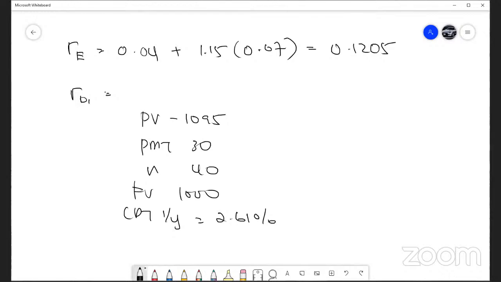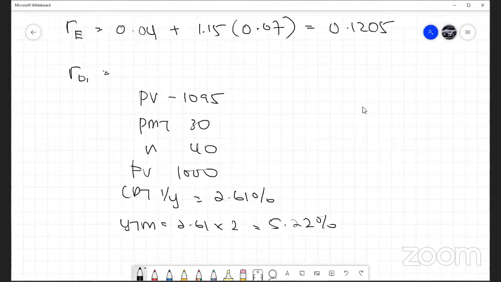So to get the YTM, times 2, which is 5.22%.